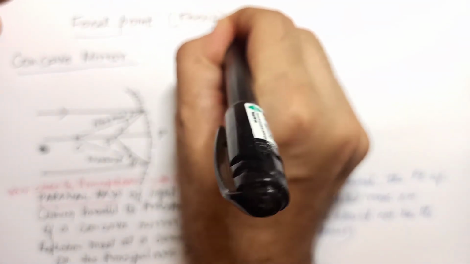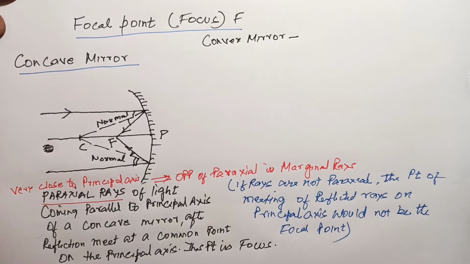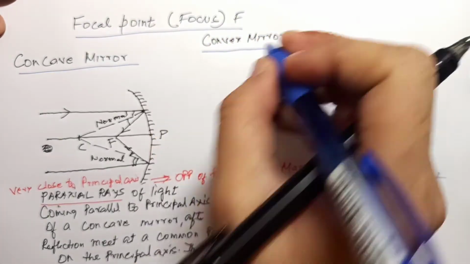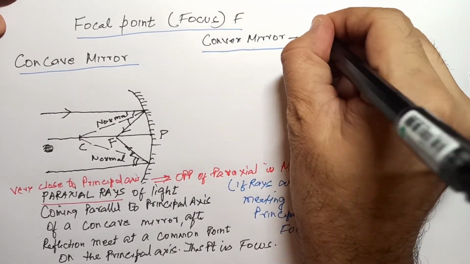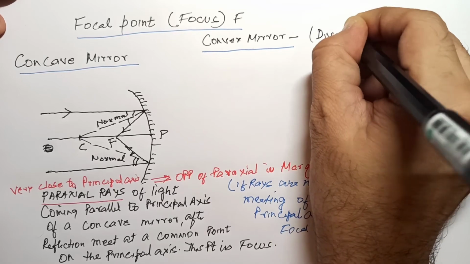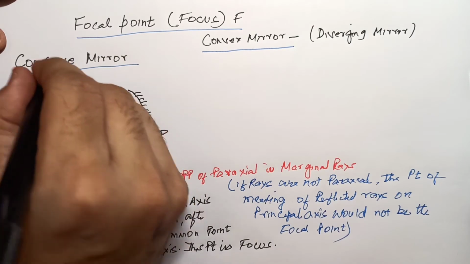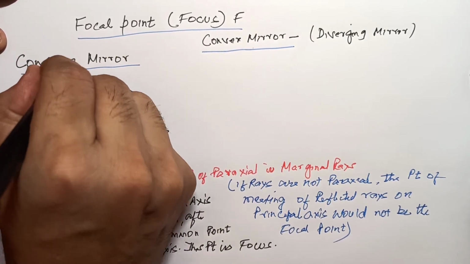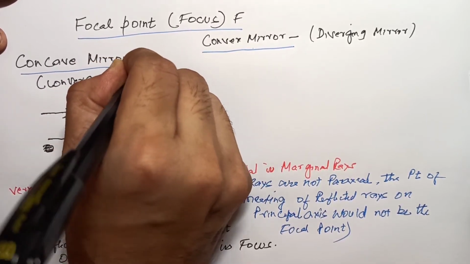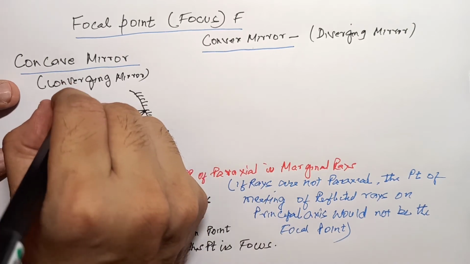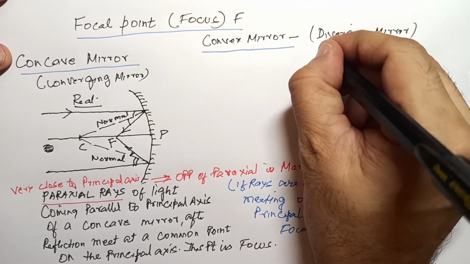The convex mirror is also sometimes termed a diverging mirror, and the concave is of course said to be a converging mirror. The concave has a real focus, and in the convex mirror we will get an imaginary focus.